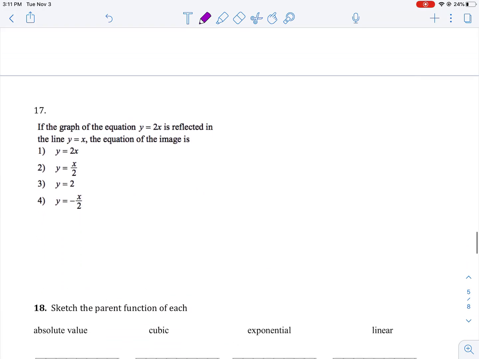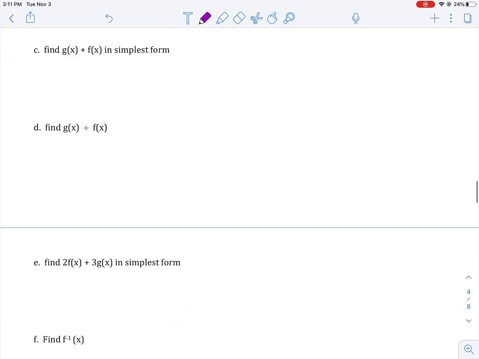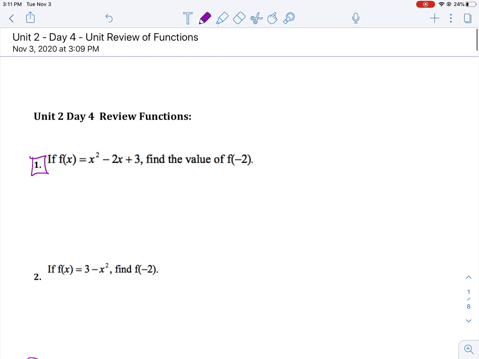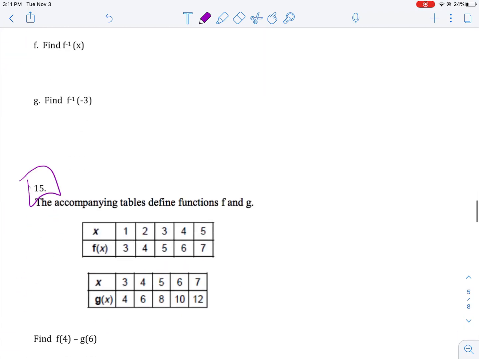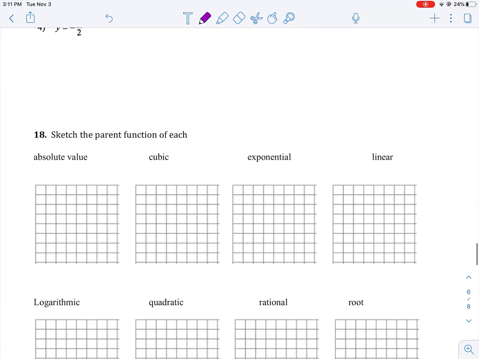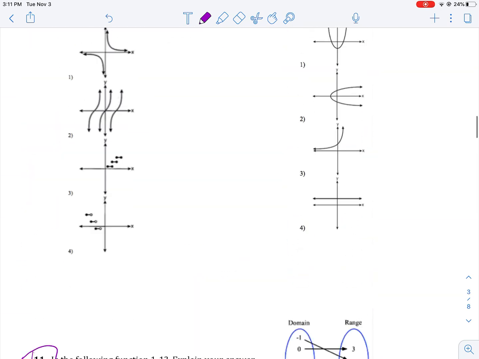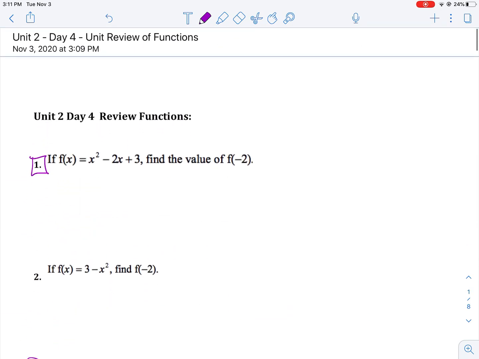That means I'm going to do about 9 problems here, out of 18.